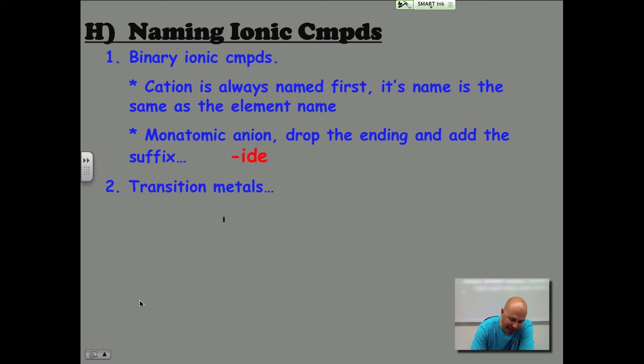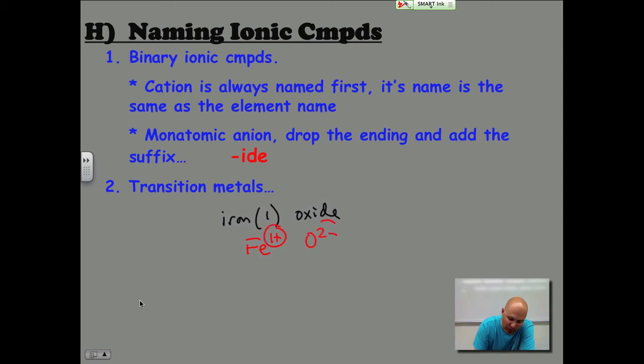So let's say we have iron 1 oxide. Okay, so there's the name, iron 1 oxide. Let's take a look at what the formula is for that. Well, iron 1, the Roman numeral 1, tells me I have a 1 plus charge. Oxygen, I look it up on the periodic table, it has a 2 minus charge.